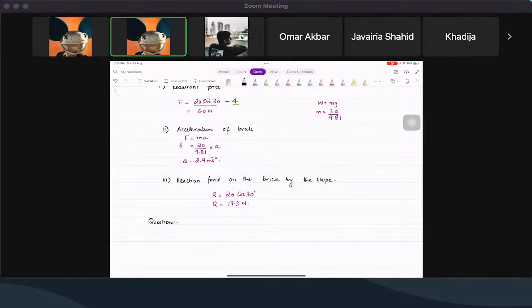It says an object of mass 10 kg rests on an inclined plane of 10 degrees from horizontal.